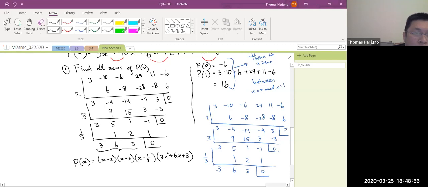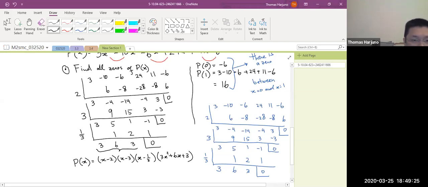You can have this 3, 5, 1, -1 here, without that 1/3. And you can try to look for the negative zeros, maybe -1, for example. So you don't need to get this 1/3 to fully factor it. As long as you can find a zero, then another zero, you can actually fully factor it already.